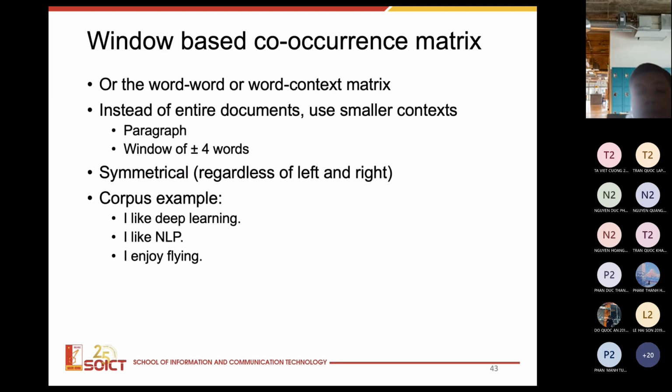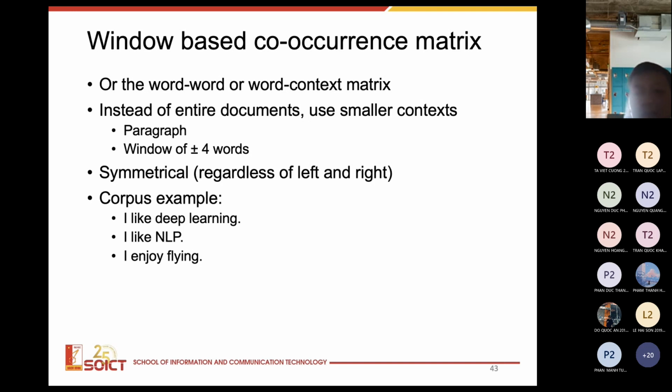So for the window-based co-occurrence matrix, it has another name, word-context matrix.